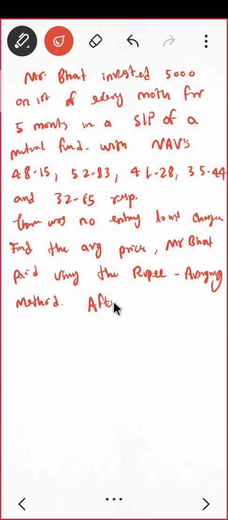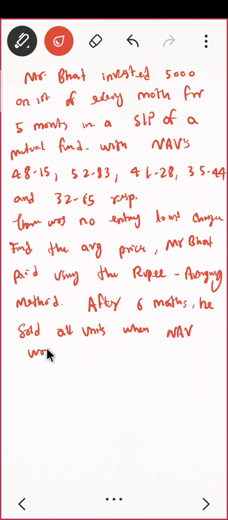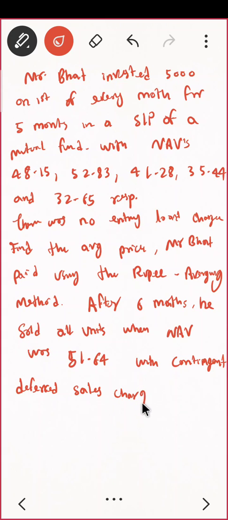After 6 months, he sold all his units when the NAV was 51.64 rupees, with contingent deferred sales charge, that is CDSC, as 2.25%.